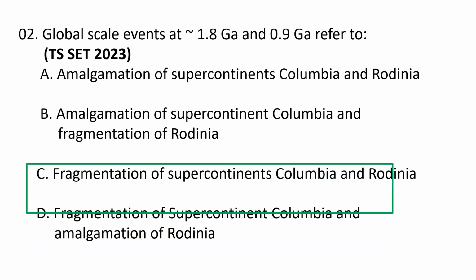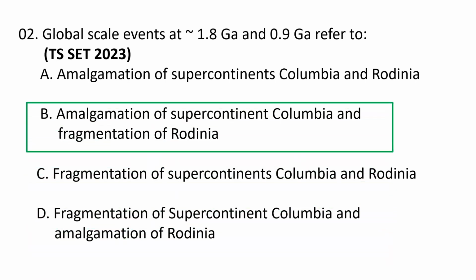So the correct answer is B. Global scale events at nearly 1.8 billion years ago and 0.9 billion years ago refer to the amalgamation of supercontinent Columbia and the division or fragmentation of Rhodinia. So B is the correct option.